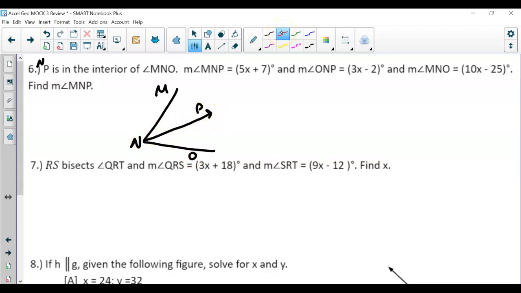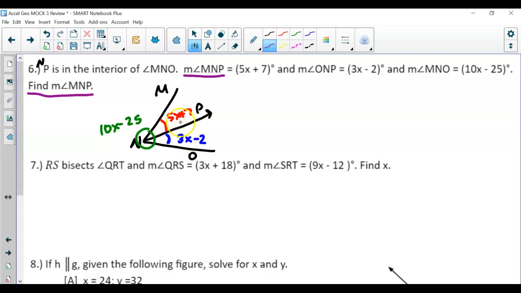So MNP, so this angle here is 5x plus 7. ONP, this angle here is 3x minus 2. Then MNO, this entire angle, right, is 10x minus 25. Now keep in mind, we're not just solving for x, right? We're going to solve for the measure of angle MNP, which is here.